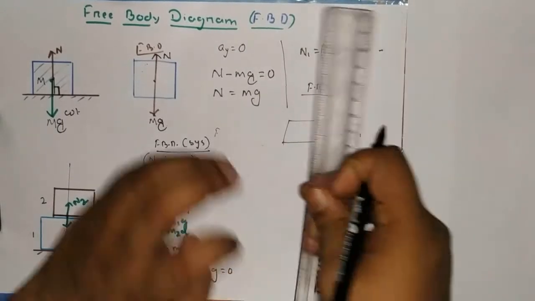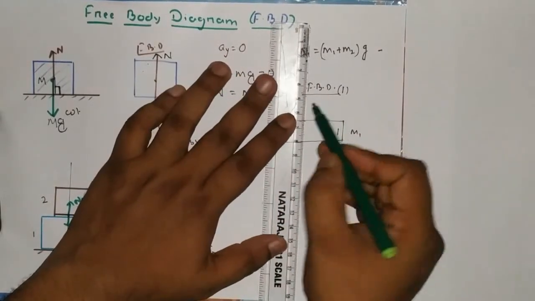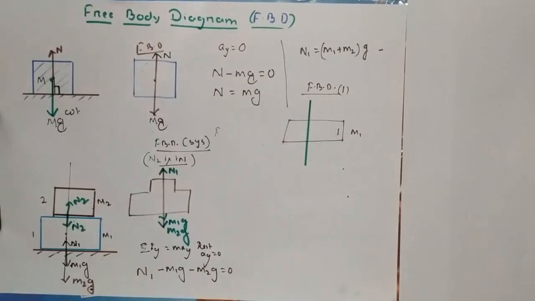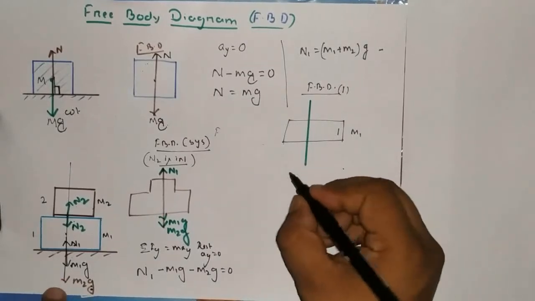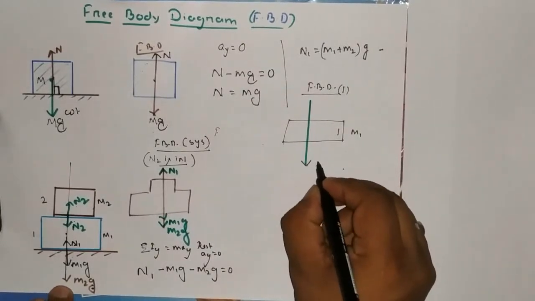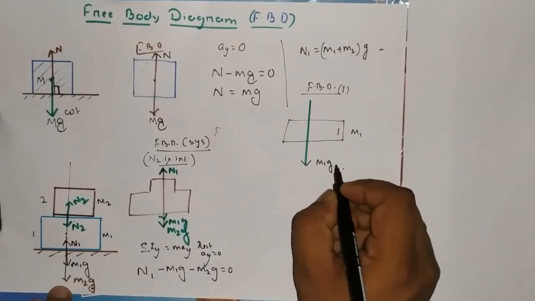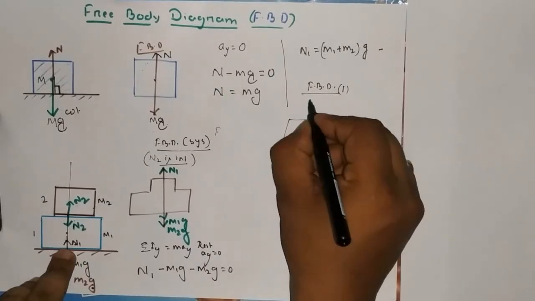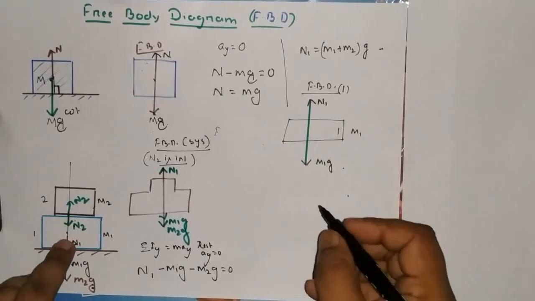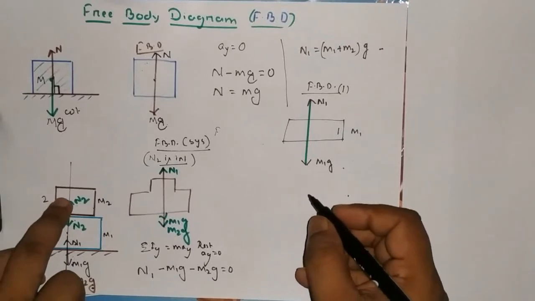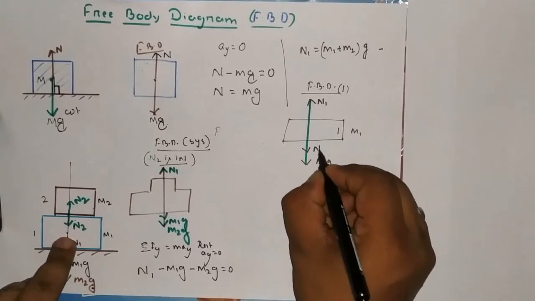So what are the forces? If you check it properly, those forces are: due to M1, M1g; N1 is from the ground; N2 is from the second body. That means this is also external.